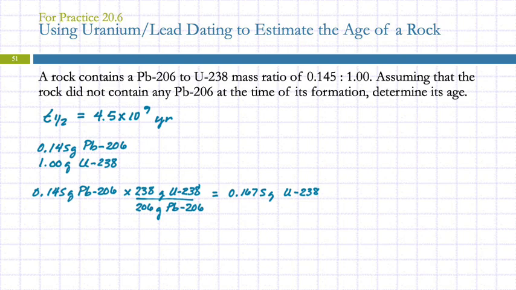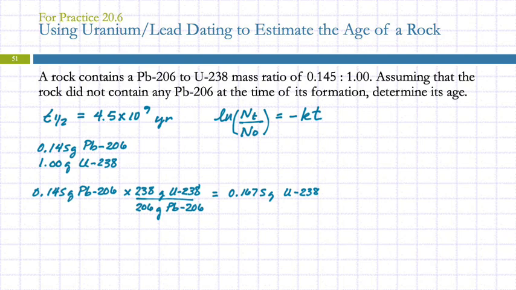So we're using our integrated first order rate law, and I'm just going to call it N. What does this mass of uranium represent? Does this represent the amount present at time t? No. Does it represent the amount initially present?